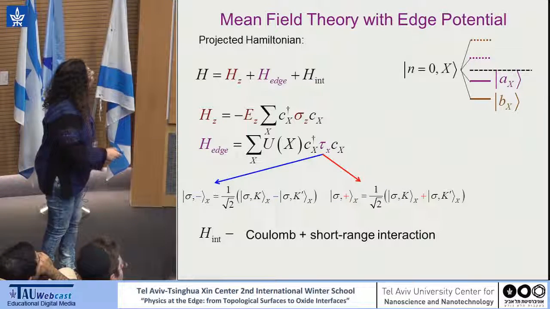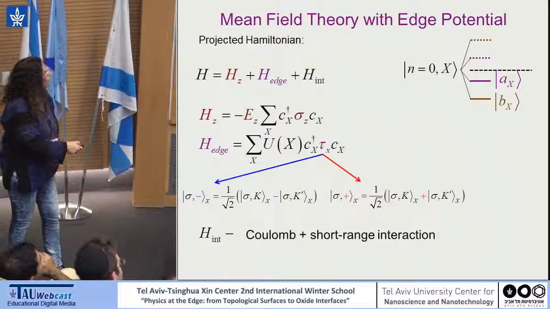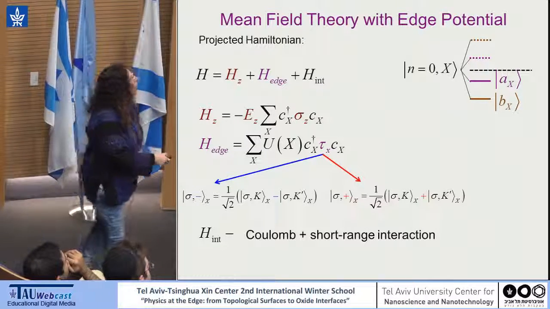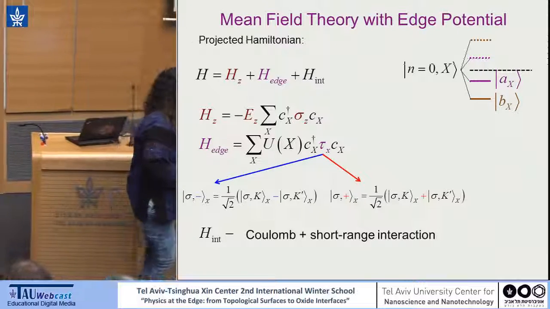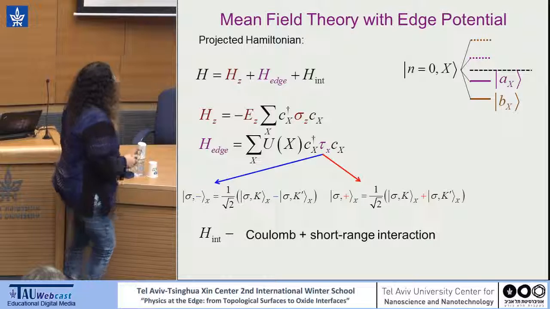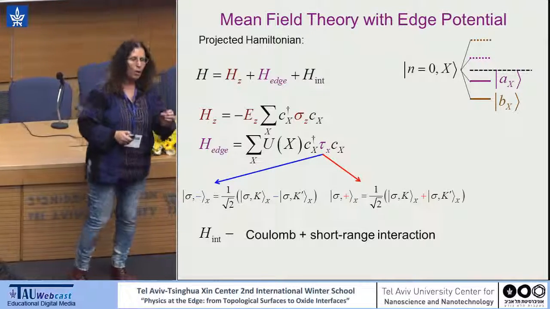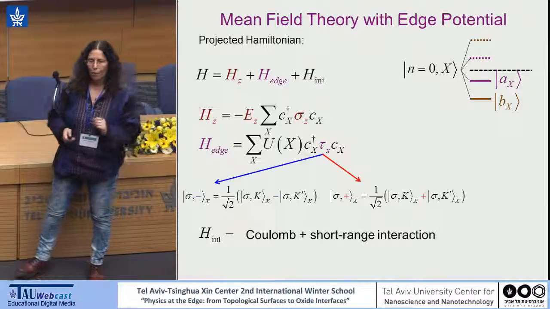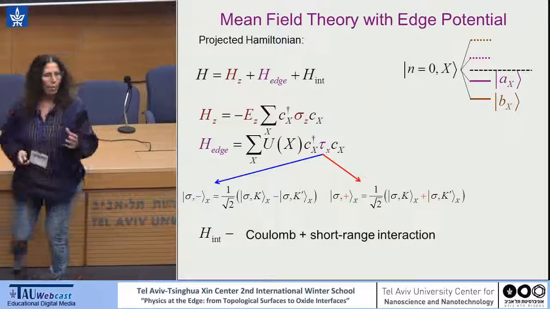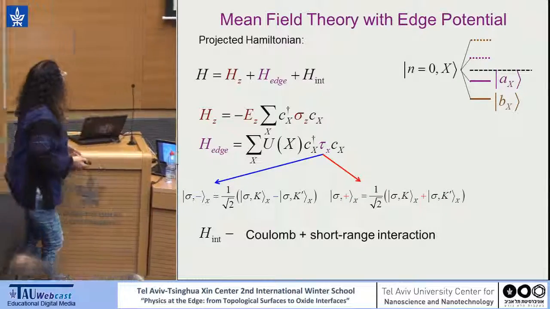And just like in Kharitonov's model, we assume that in addition to the Coulomb interaction, there's a short-range interaction, and that's very important because that's a lattice scale interaction that knows about the orbitals, and that can break the SU4 symmetry. That's the reason why you favor in the first place the anti-ferromagnet and all that.